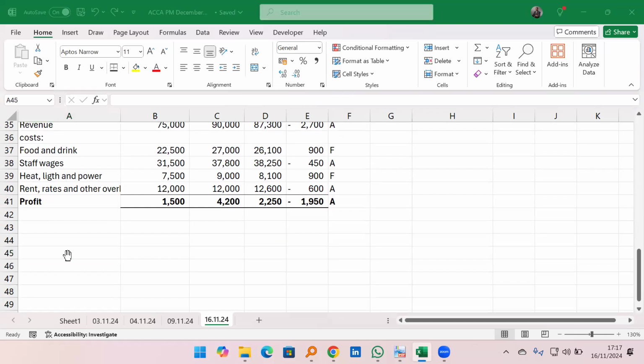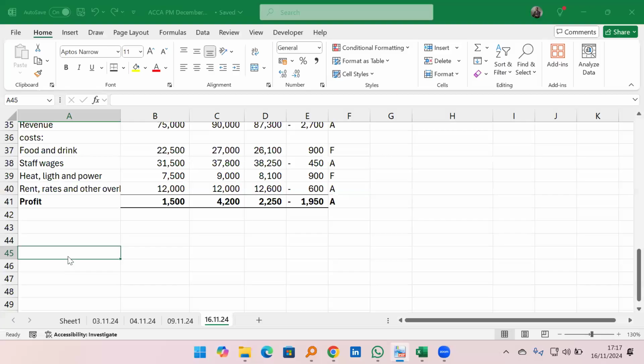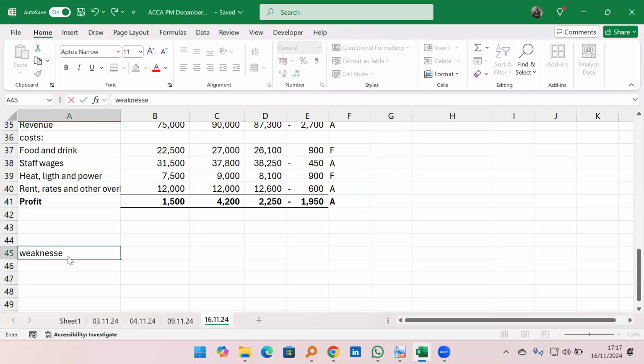So part 2 of part A is asking us to get the weaknesses of the current budget statements.